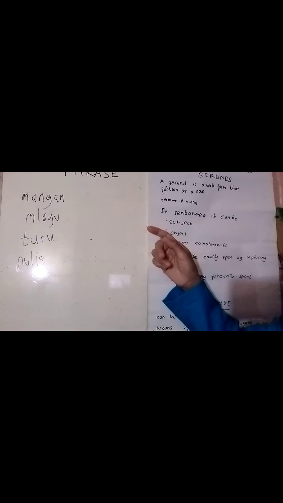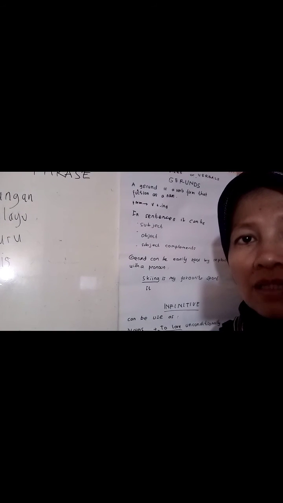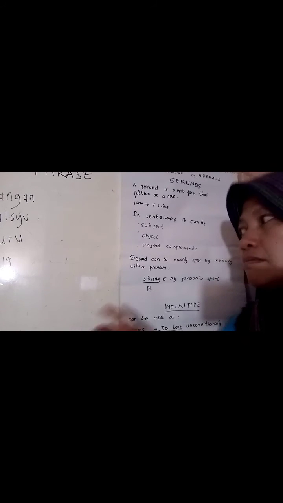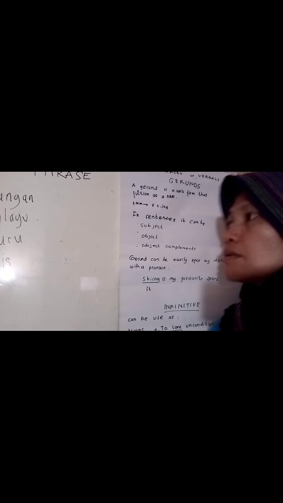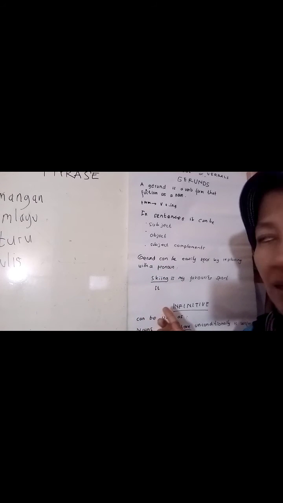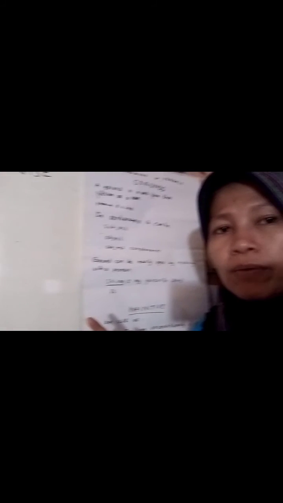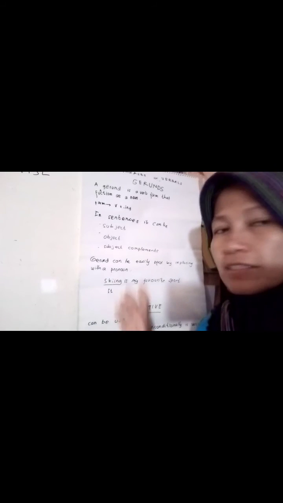If we want to show when an action happened, we just simply add some adverbial time. So this ing form is only well known in English. In Japanese we don't use this term.